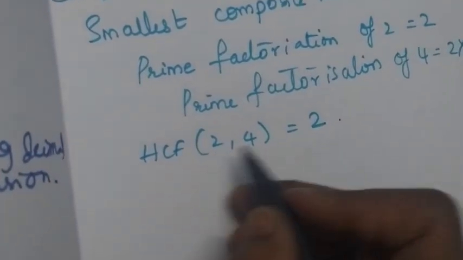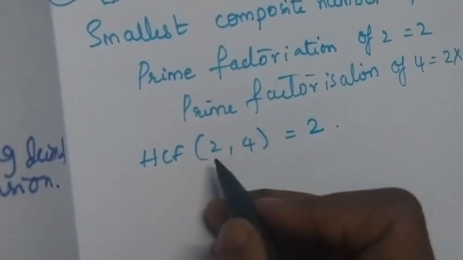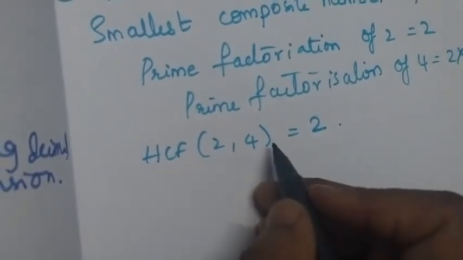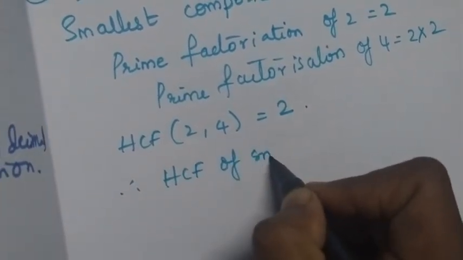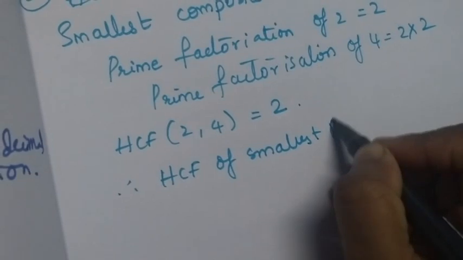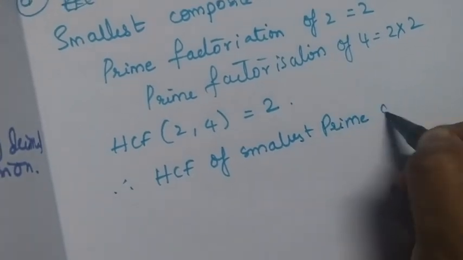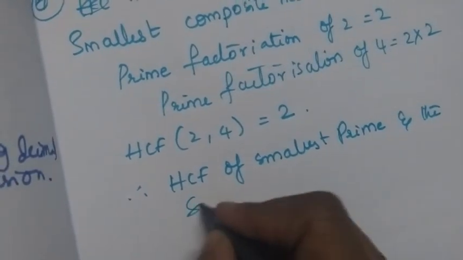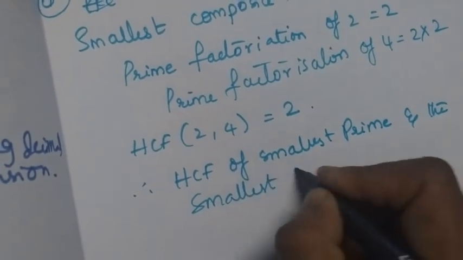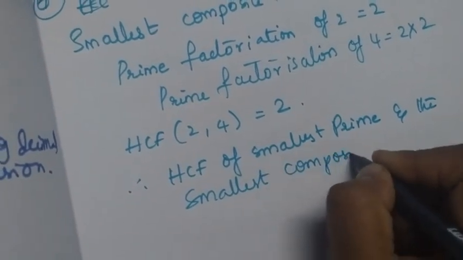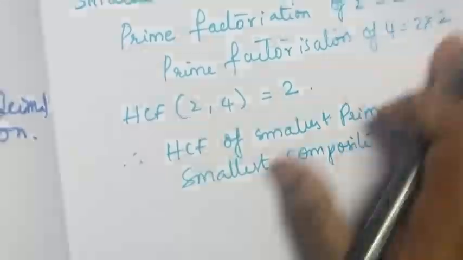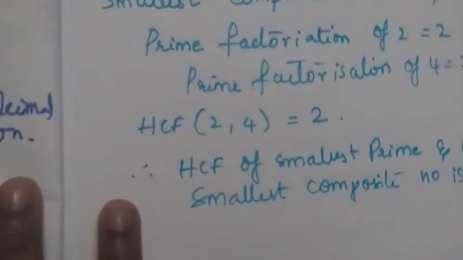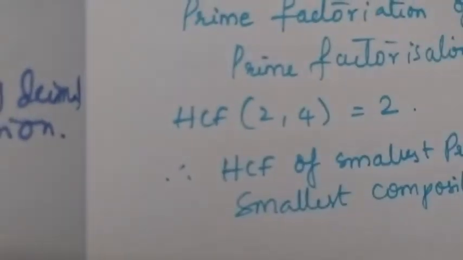The common factor of 2 and 4 is the highest common factor. Therefore the HCF of the smallest prime number and the smallest composite number is 2. 2 is the answer children. Very important question, it is asked in PYQs, so remember this.